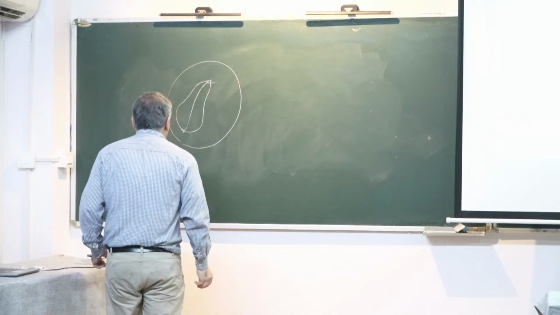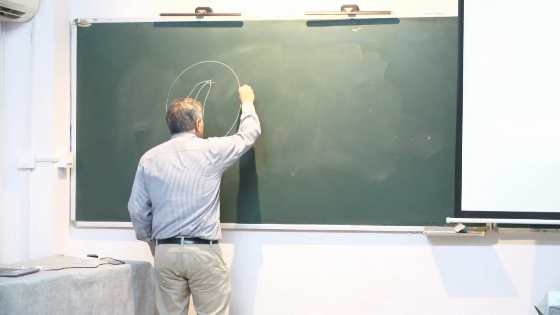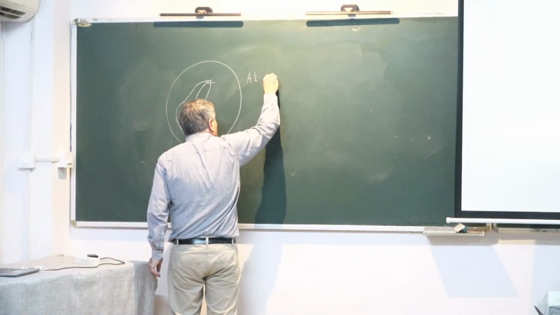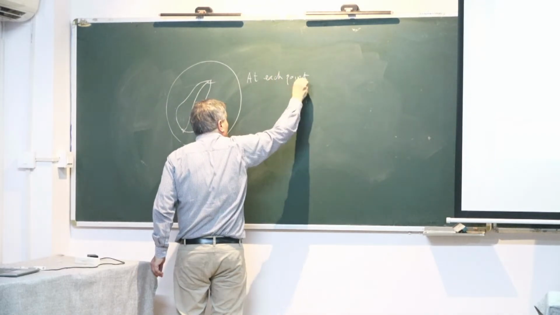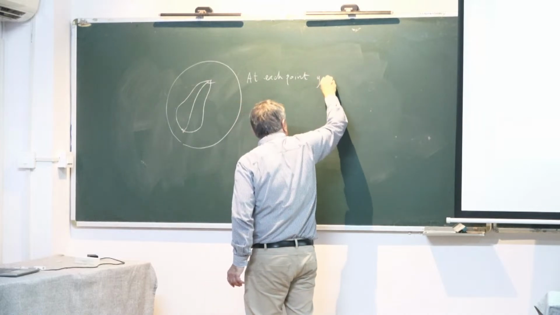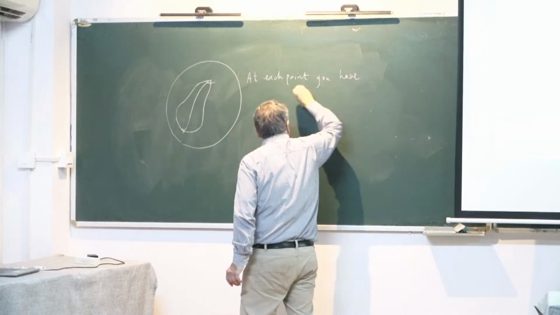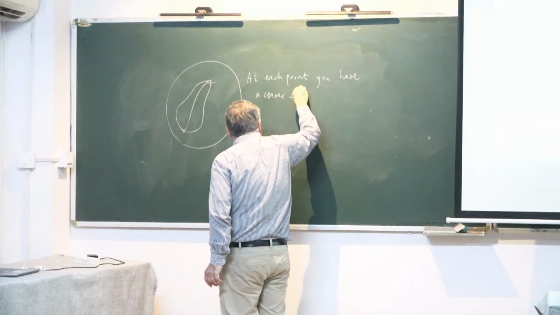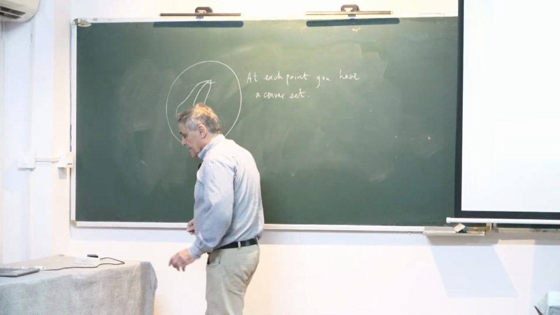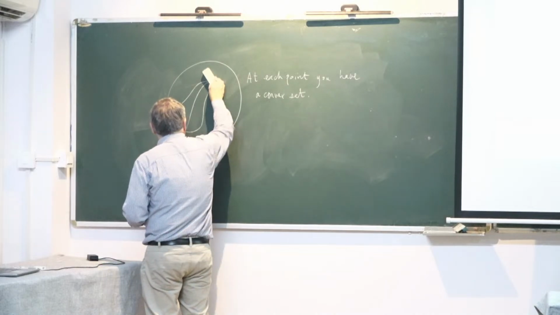So in the Finsler manifold, at each point of the manifold, you have a convex set. This is the main point.